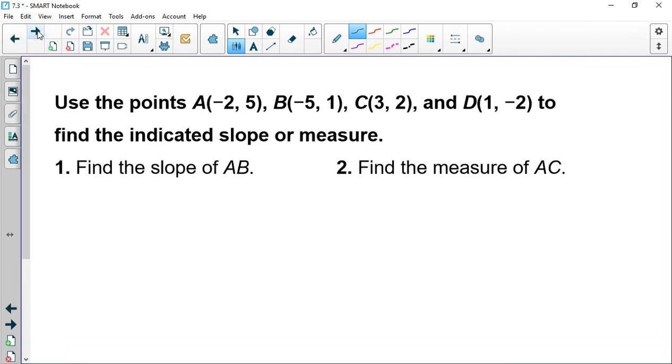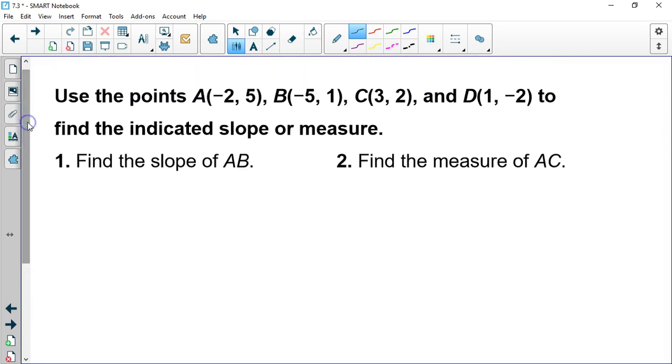Alright, now we're going to use these points to find slope or measure. So for number one, we're finding the slope. So A and B, we're going to use these 2 points. Remember, it's y minus y over x minus x. And just for review, because we're going to be needing to use these properties this lesson.